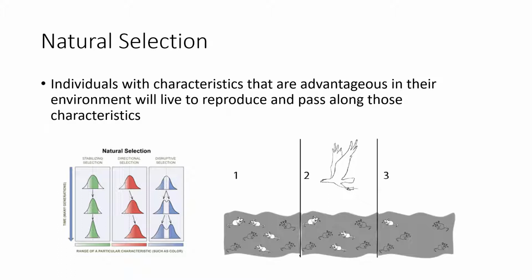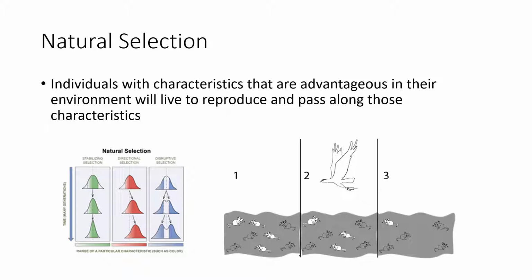And so you see number 3, after the little hawk came in, you have these gray mice, and the gray mice are the ones that are left to reproduce, and so therefore you're going to have more gray mice. My thing about natural selection is always, if you're dead, you can't have babies. And if you can't have babies, then your genes don't get passed on. And so therefore your characteristics won't get passed on. And that's really the basis of evolution.